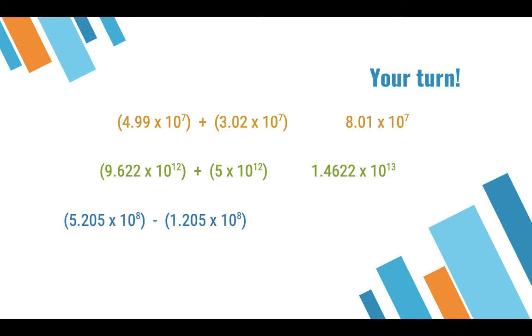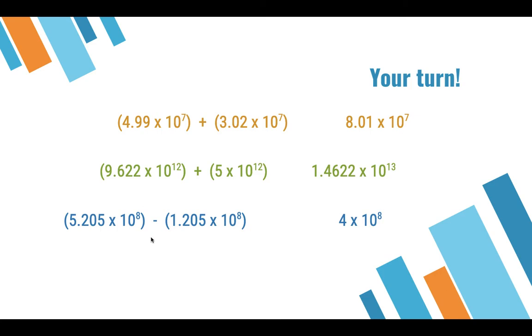5.205 times 10 to the 8th minus 1.205 times 10 to the 8th. Try this one. All right, our very first step, we need to subtract our coefficients and then leave our exponents alone.